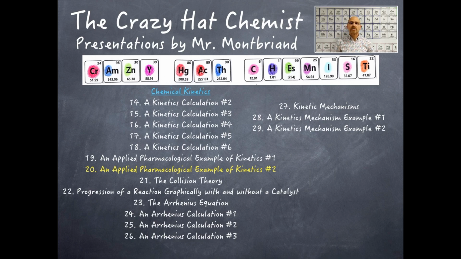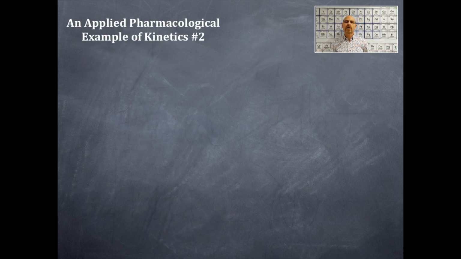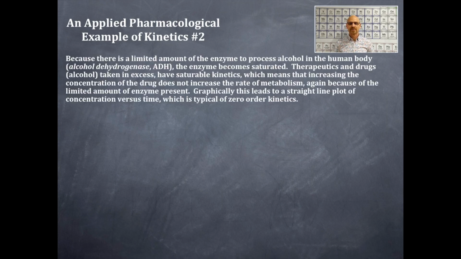So, another video here on kinetics, another pharmacological example, in fact. So, an applied pharmacological example of kinetics number 2. Let's check it out. Because there is a limited amount of the enzyme to process alcohol in the human body, alcohol dehydrogenase, otherwise known as ADH, the enzyme becomes saturated.